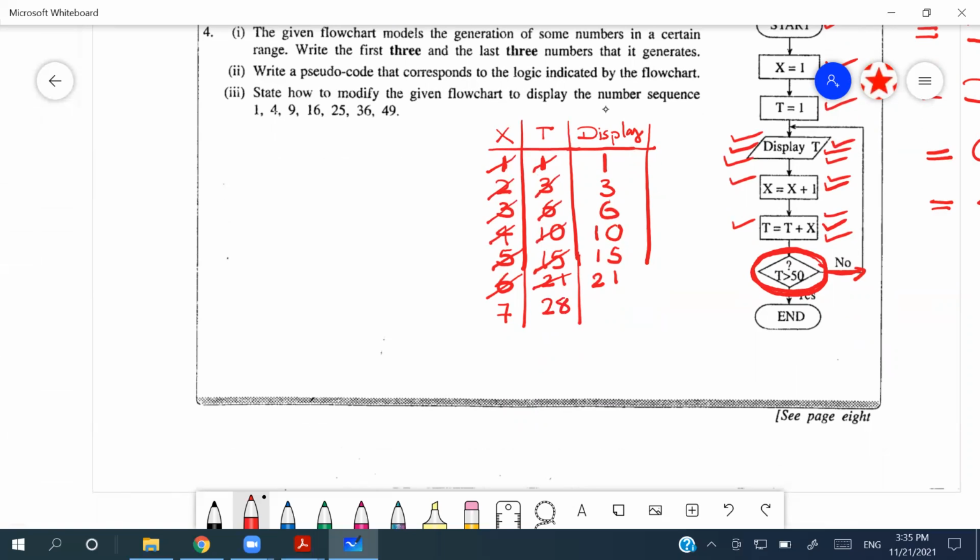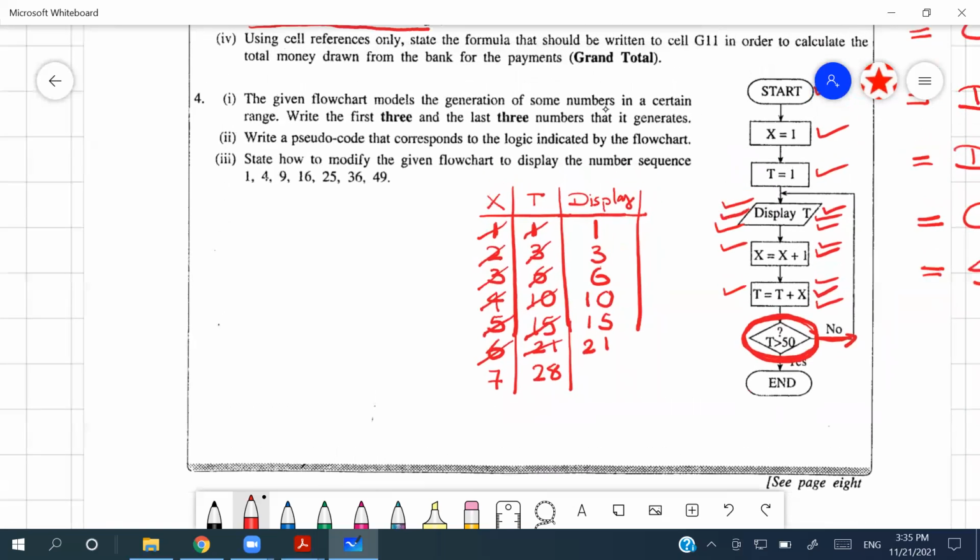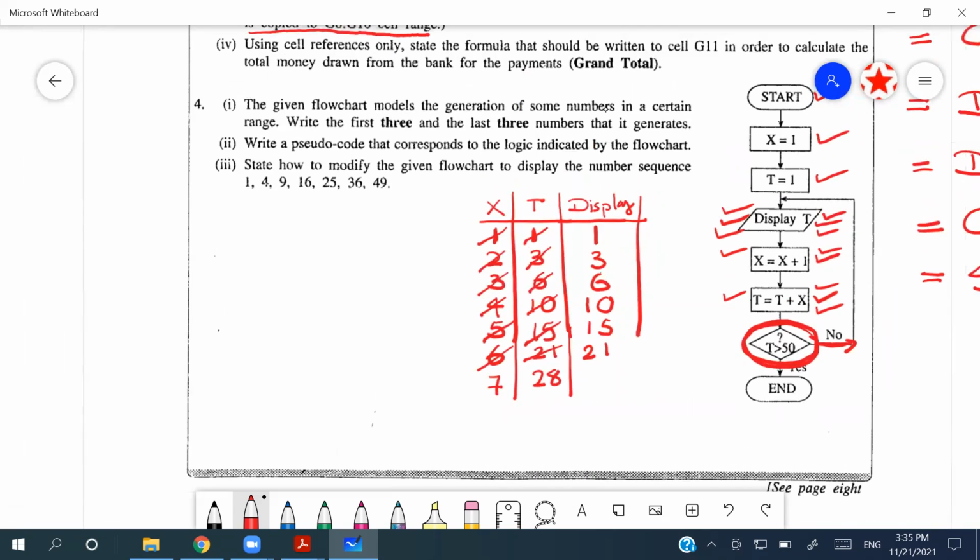Then still t is not larger than 50. So that means display t will happen. So 28. So x will be increased by 1, 8. 28 plus 8 is 36. I'm sorry, 36 is not larger than 50. So it goes on the no path again.